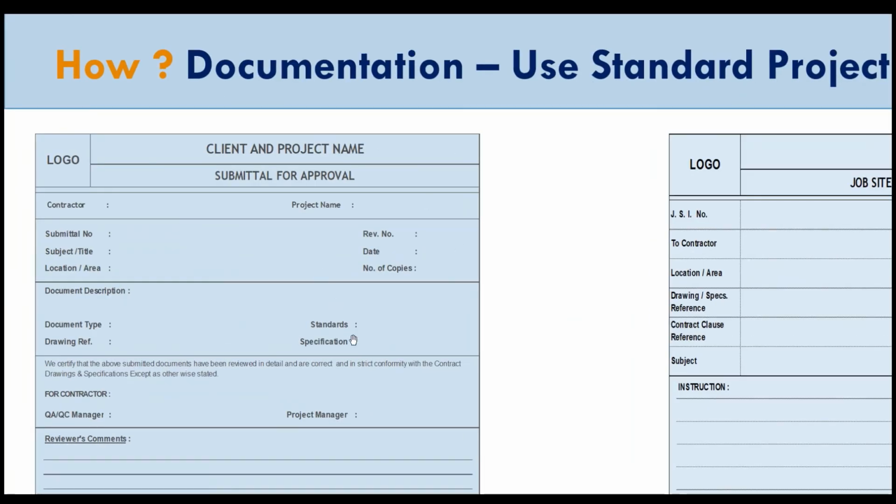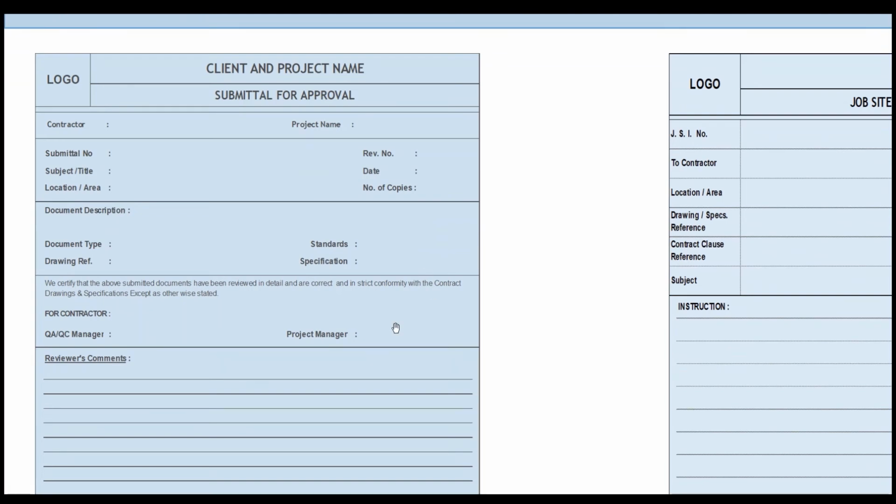Submittals are technical approvals raised by the contractors. These submittals are technical documents which undergo the review and approval cycle. It can be a method statement, an ITP, a specification, a weekly report, a monthly report, or shop drawings. The contractor raises it through the submittal approval form and uploads it on the document management system, and it comes to the PMC DC.